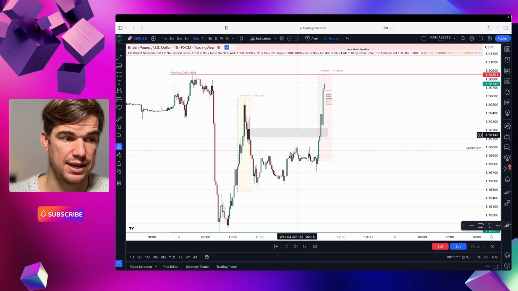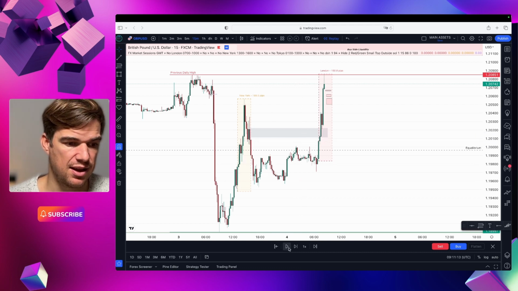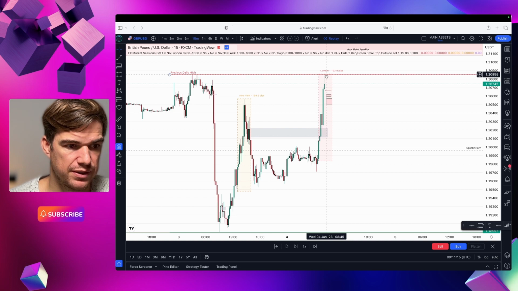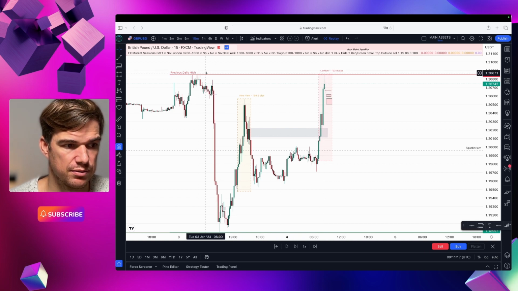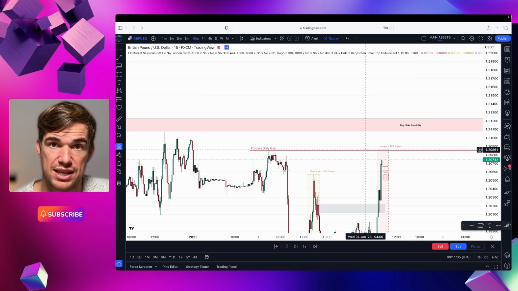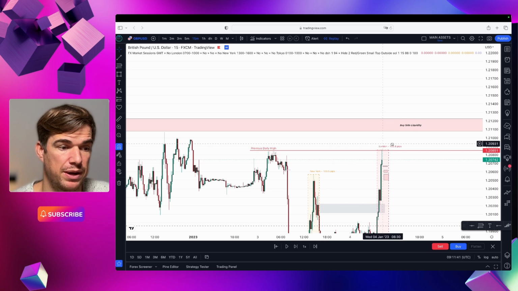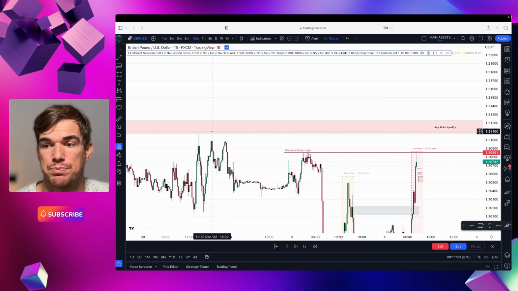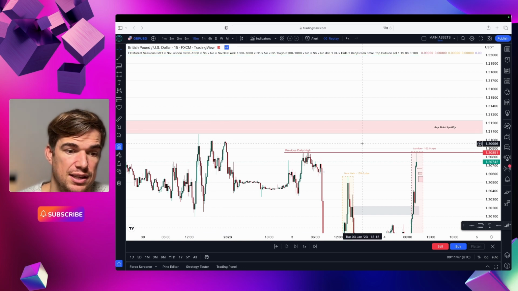What happened is it went all the way to the previous day high and took out the previous day high buy side liquidity. If it took the previous daily high, there's no reason why it couldn't sweep up to this buy side liquidity and take all these buy stops that have been accumulating from your left side.